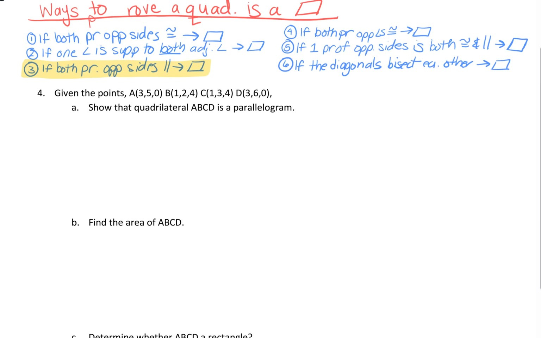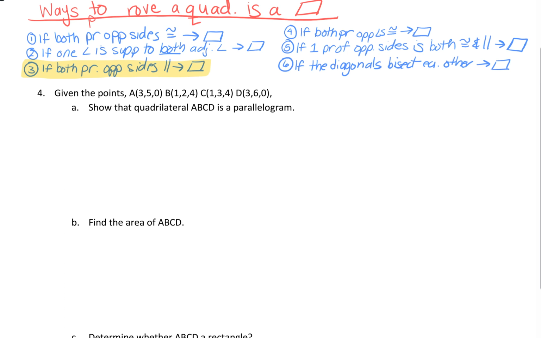We would be able to take this definition in number 3 and say, well, if we know that both pairs of opposite sides are parallel, we know that we have a parallelogram. But also we would be able to say that if we have a parallelogram, then both pairs of opposite sides are going to be parallel. Based on this definition, we'd be able to learn all of the other additional properties of a parallelogram.